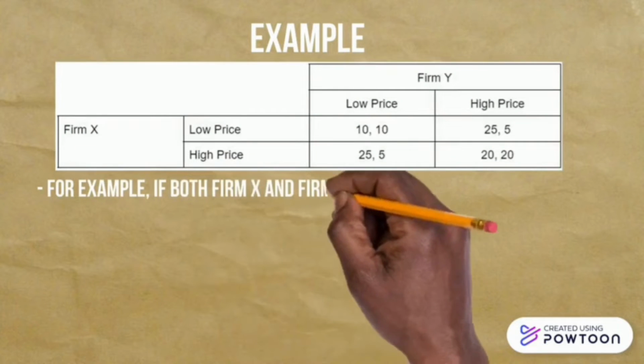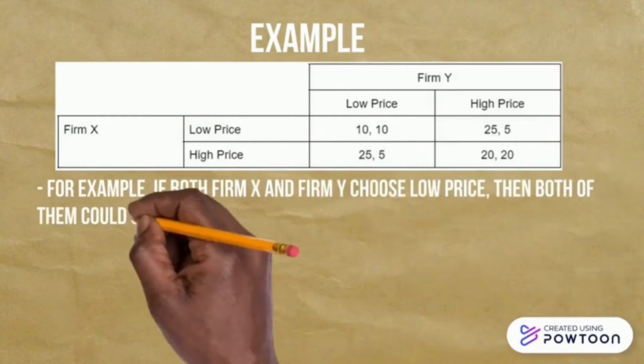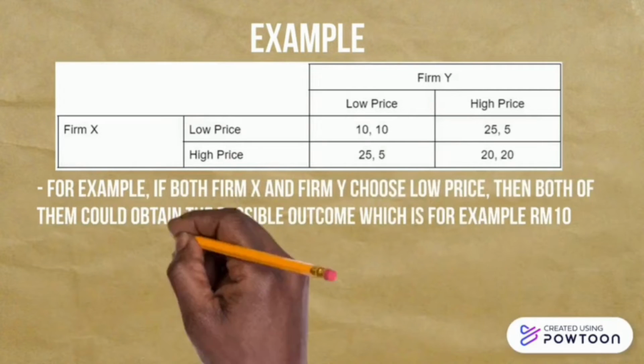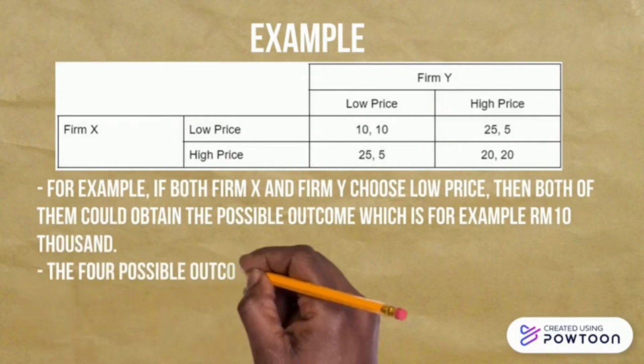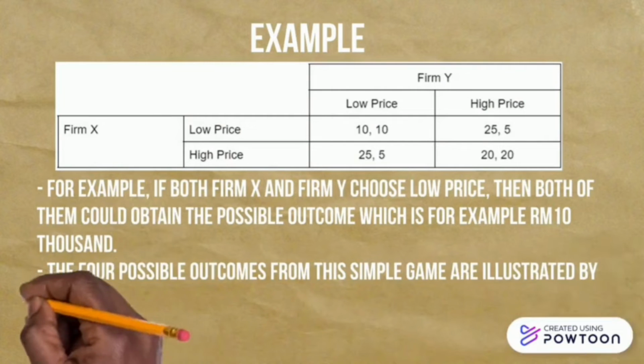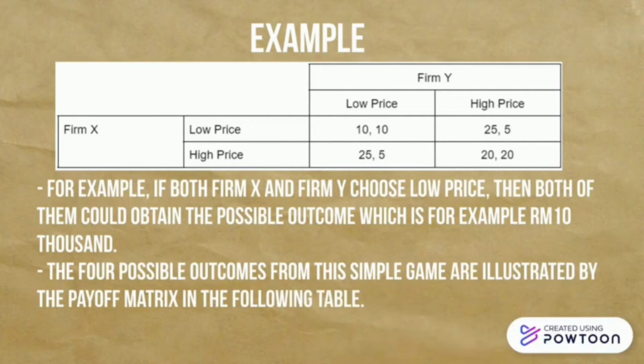For example, if both firm X and firm Y choose low price, then both of them could obtain the possible outcome, which is, for example, 10,000 ringgit. The four possible outcomes from the simple game are illustrated by the payoff matrix in the following table.